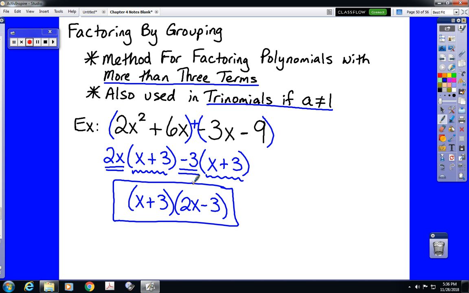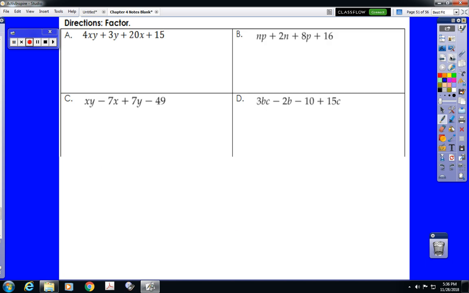So let's look at some more examples of this. These examples all involve more than one variable, which is rare, honestly, in Algebra 2, but it does help us practice the skill. We group the first 2 terms and the second 2 terms. We take out the greatest common factor from the first set of parentheses, which would be y, and that would leave behind 4x plus 3. Then we look at the second set of parentheses.